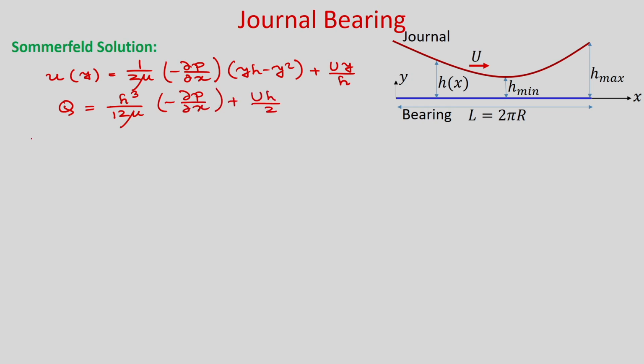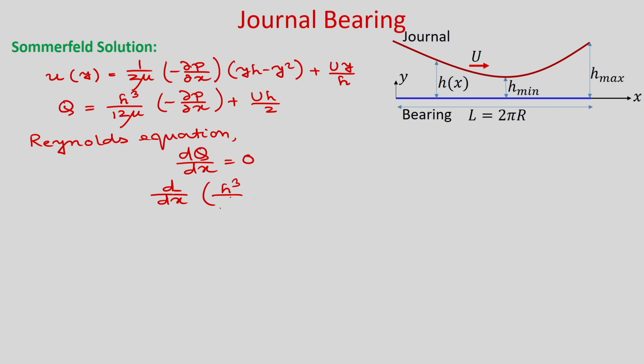So, from here you can write the Reynolds equation. You know that dq by dx will be 0 in steady state condition. If it is so, then if you put it here and rearrange, you will get d by dx of h cube by mu times dp by dx. p will be a function of x, because we are assuming that there is no variation of pressure in the y direction.